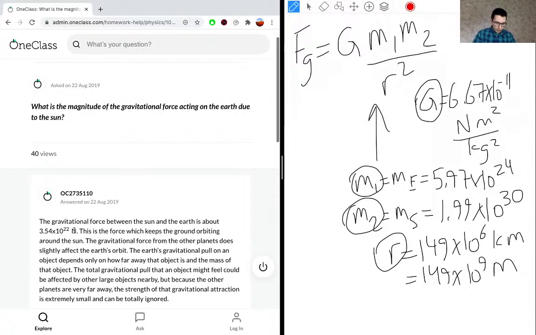So if we had the gravitational force constant, 6.67 times 10 to the negative 11, multiplied by m1, which is 5.97 times 10 to the 24, times 1.99 times 10 to the 30, divided by 149 times 10 to the 9 squared.